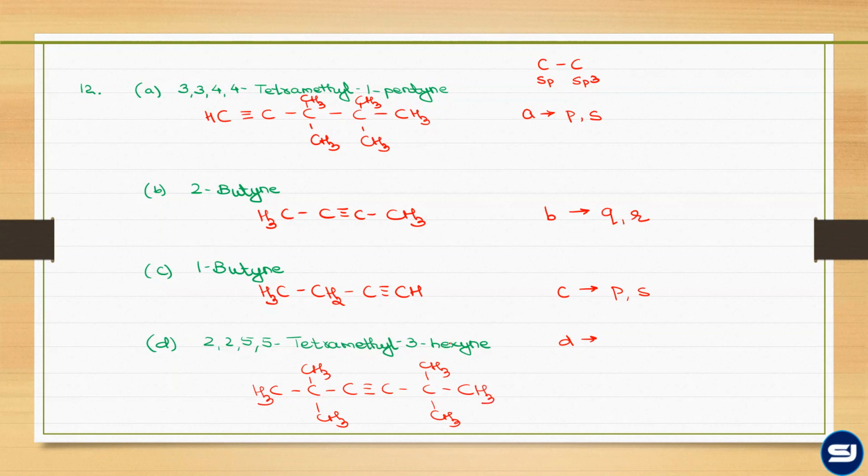How many carbons are collinear here? 4. 4 are collinear. And substitution will give how many unique products? 2. No, sorry, 1. Just one, because there is a symmetry in the molecule.